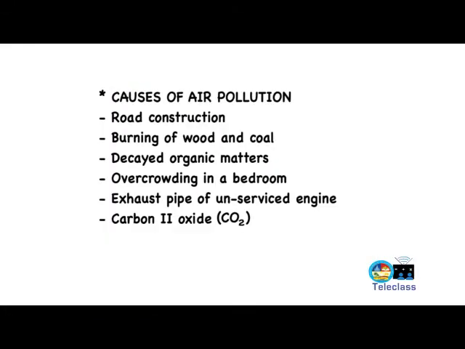For instance, in our environment, you see people dropping dustbin and perishable things in the environment as a result of decaying animals. You find out that the whole environment is being polluted with this decaying organic matter.